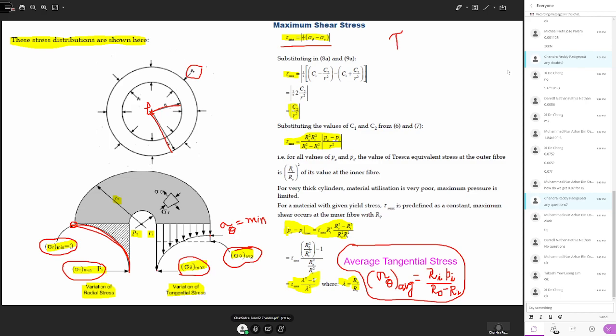So the maximum shear stress is the magnitude of half of the difference of tangential stress and radial stress, sigma theta minus sigma r. So this is the maximum shear stress. I just read it off the formula, that's all.